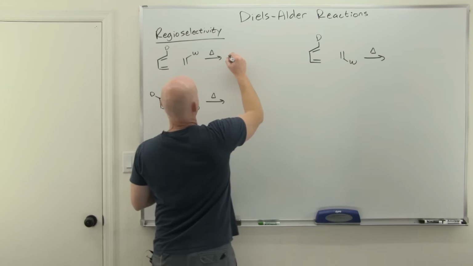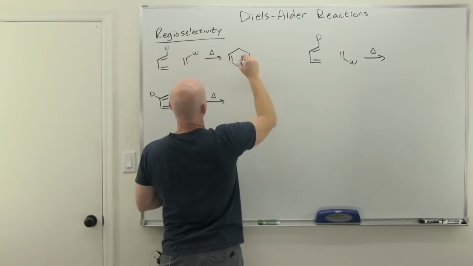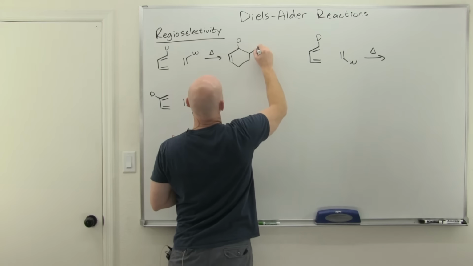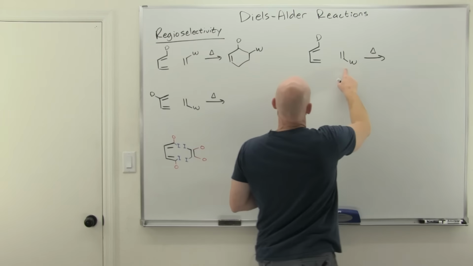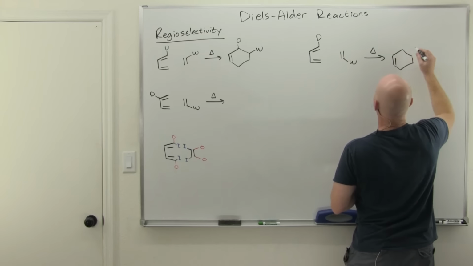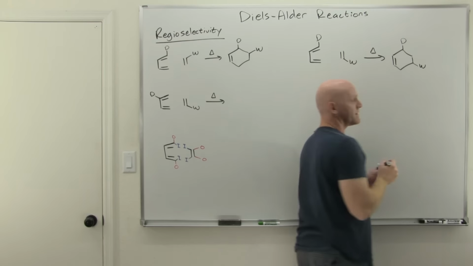So if we look at it adding in this context, there's our cyclohexene, we'd have the donating group there, the withdrawing group here, whereas in this case, donating group there, withdrawing group there.